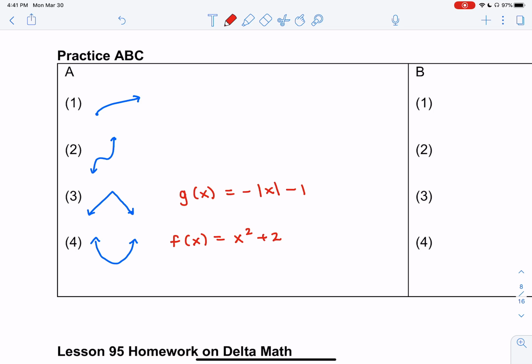All right, so we have 2 more to go, h and k. The h function is h of x equals x cubed plus 1. X cubed is what we called a cubic function, and it was the one that kind of looked like an S. So that one is going to go with number 2. H of x equals x cubed plus 1.